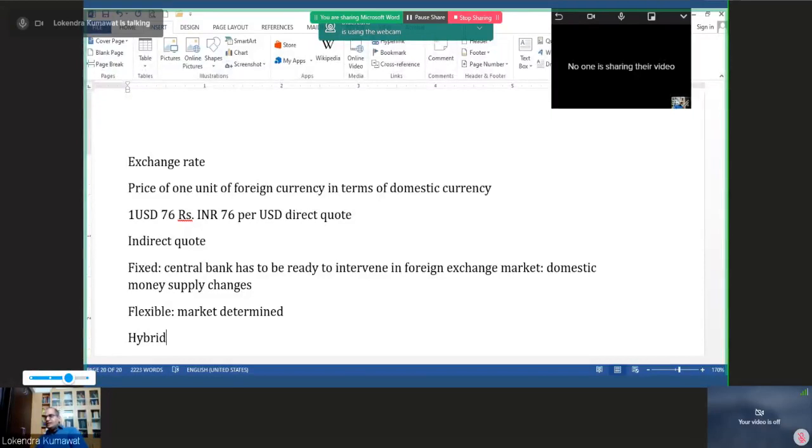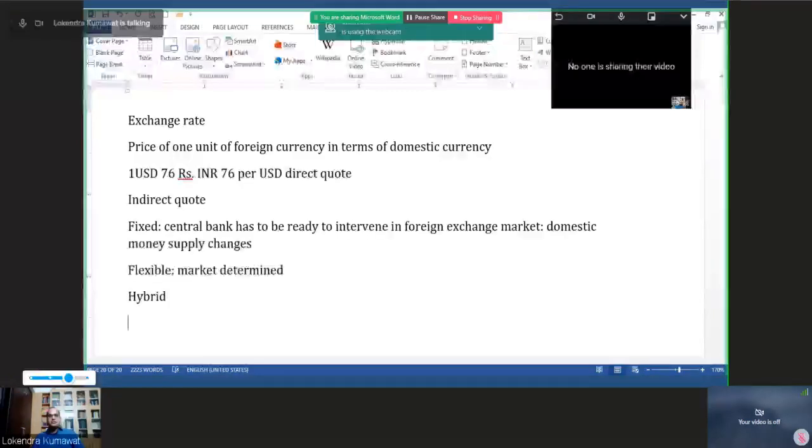The other set of terms that are useful for you at this stage are appreciation, depreciation, revaluation and devaluation.